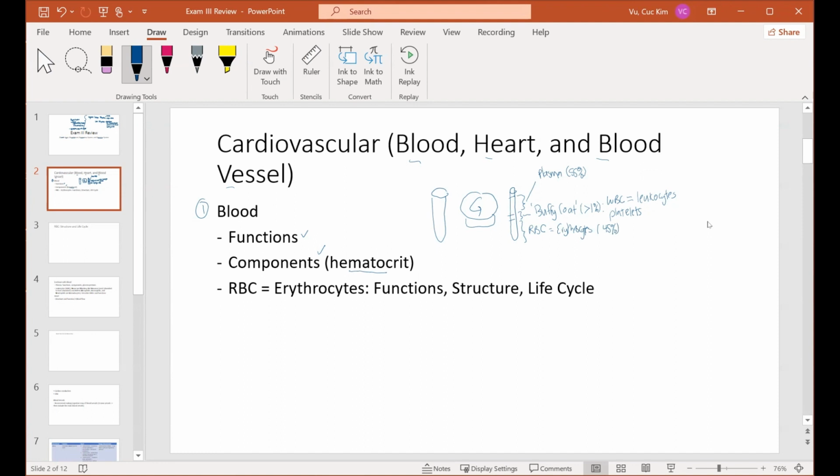Now, another way in which we classify the components of blood is based on what is liquid versus what's solid. So the solid components of blood would be the white blood cells, the red blood cells, and the platelets.